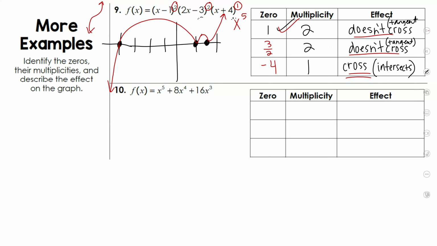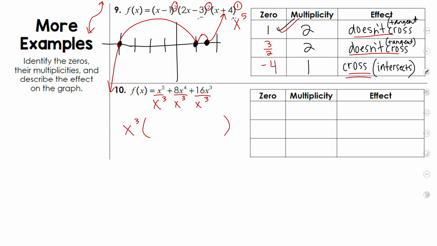Now, you guys try number 10. Abigail, what's the first step for number 10? Very good. Divide by x cubed. Everyone should be starting off by dividing by x cubed. That means x cubed is out here.